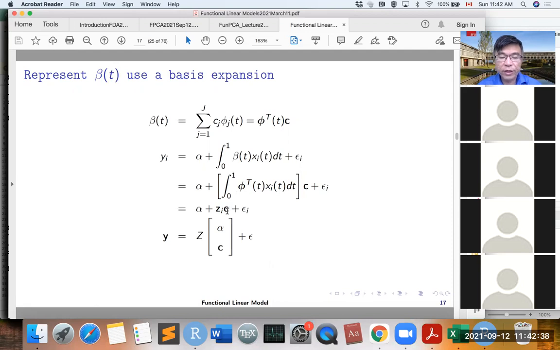Then we can treat zi as a known covariate, and then we can write down the model as a linear model, and we have parameters alpha and c here. Then we can estimate the alpha and c by least squares. Here zi is known, we can calculate it, and y is the observed response.